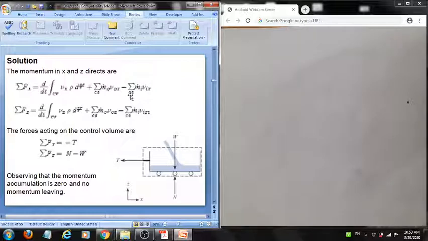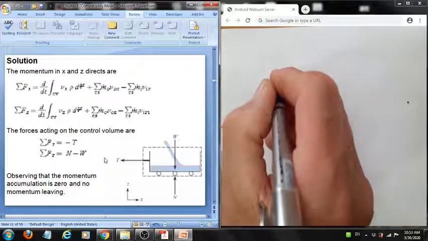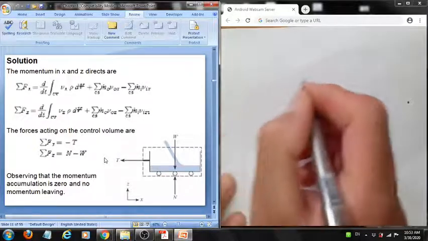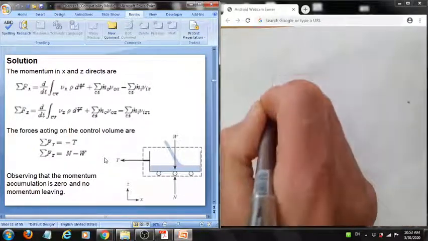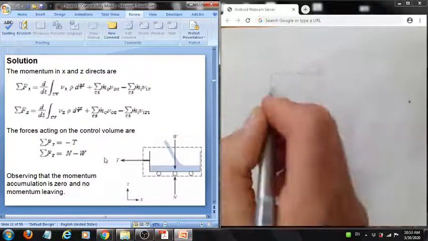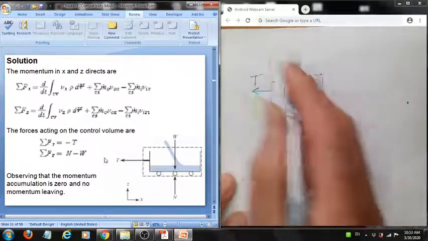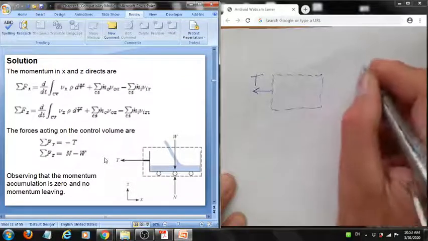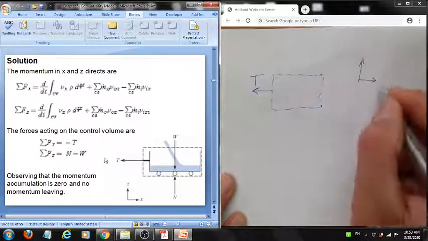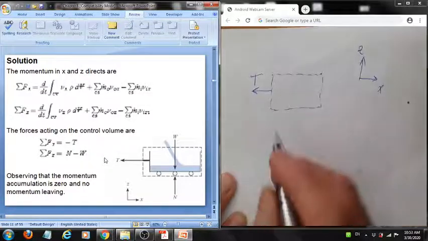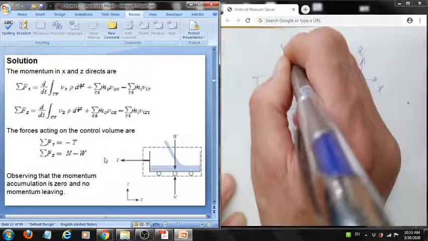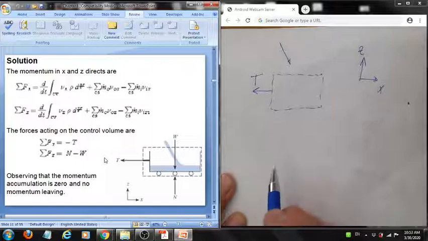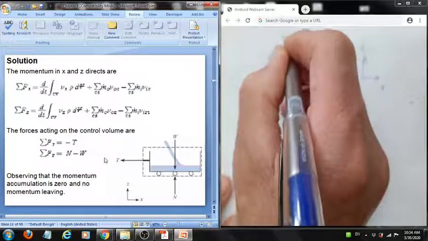If we want to further show this problem, we have the control volume, we have the tension, and there are no other forces acting on this control volume, and remember we have the x and z elevation. The jet is coming at this velocity, in this direction, making 60 degrees.